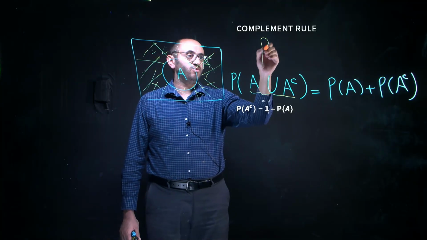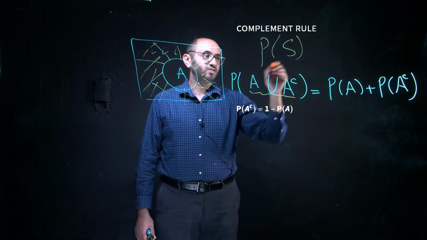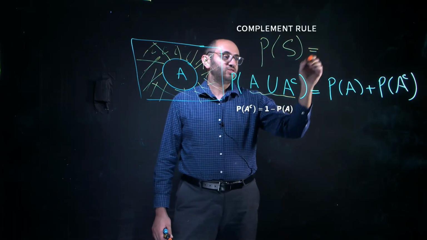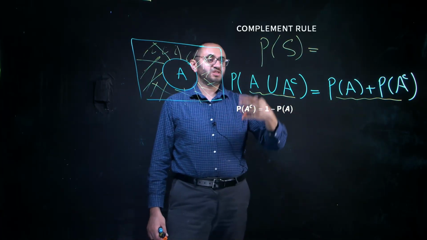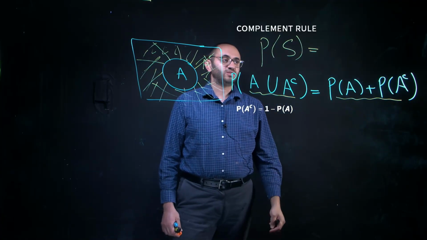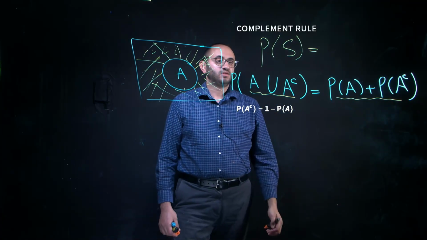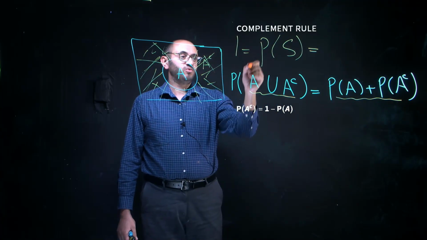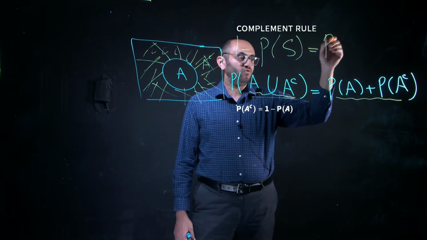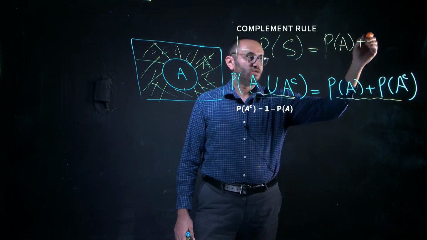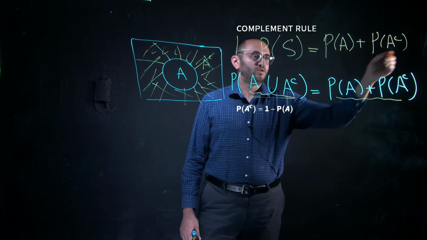So this means probability of the entire sample space equals probability of A plus probability of A complement. And what is probability of the entire sample space? It's 1. So 1, or probability of the sample space, equals probability of A plus probability of A complement.